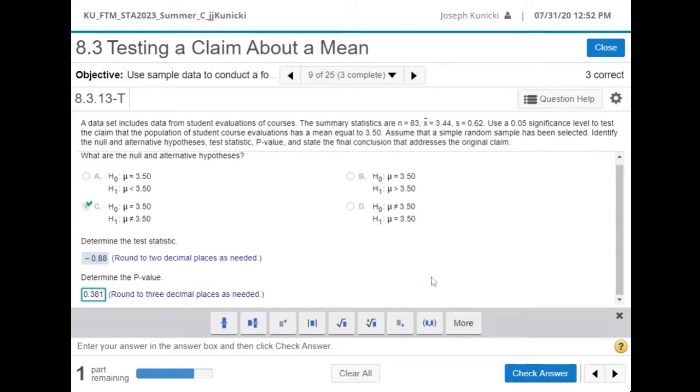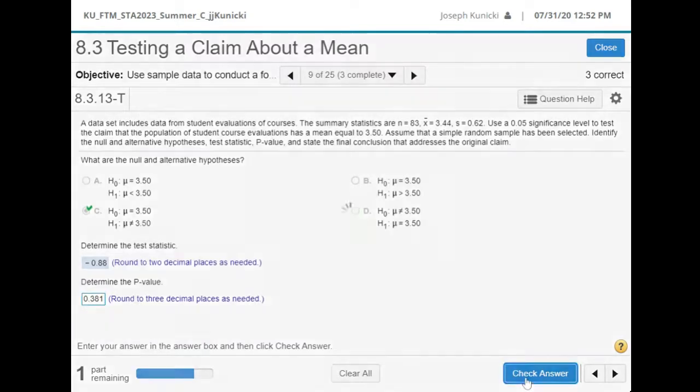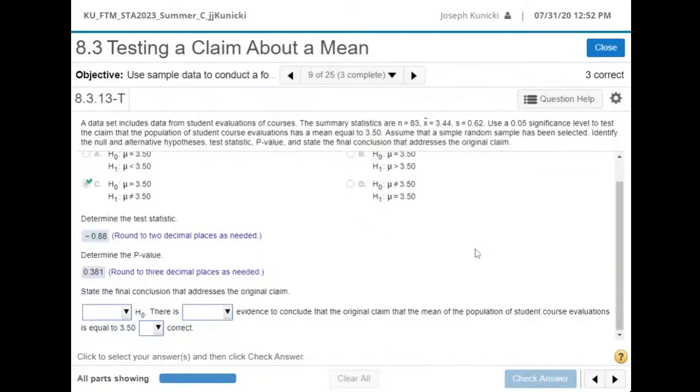It certainly isn't less than 0.05 or 0.025. So we're not going to reject. So fail to reject. There is sufficient evidence to conclude that the original claim that the mean of the population of student course evaluations is equal to 3.5 is correct.